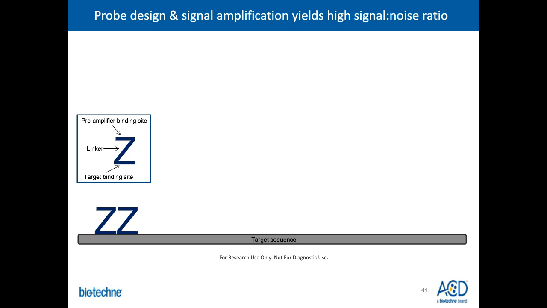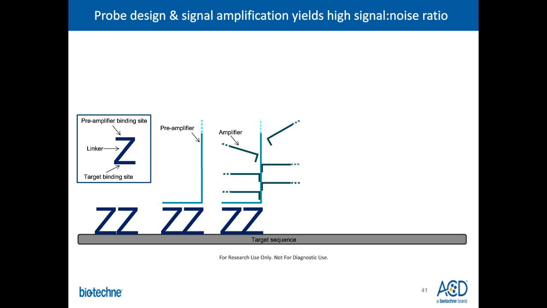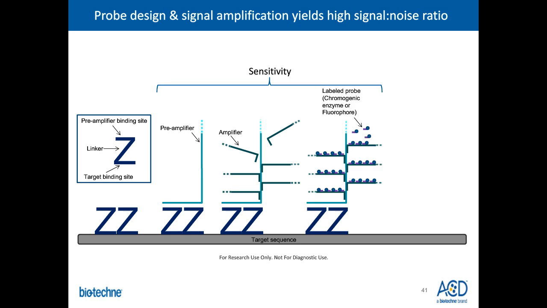Now, the two Z probes have to bind in tandem to one another on the target sequence for the preamplifier to bind onto the probes, after which the amplifier and the labeled probes bind onto this to form your amplification tree. This gives you high sensitivity of detection, which allows detection of really low expressing targets.